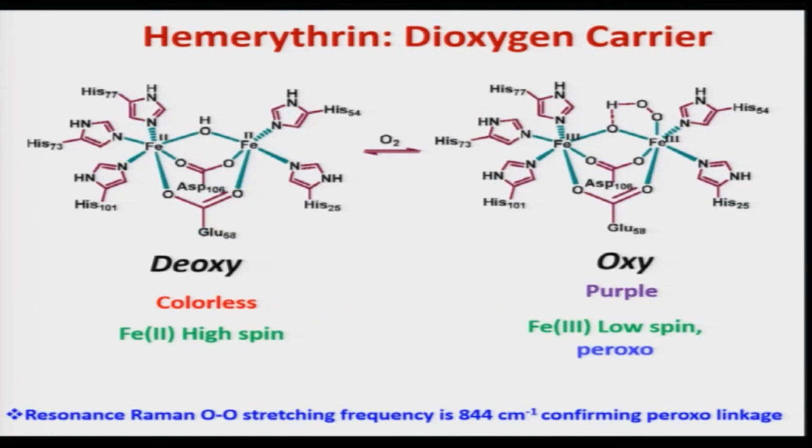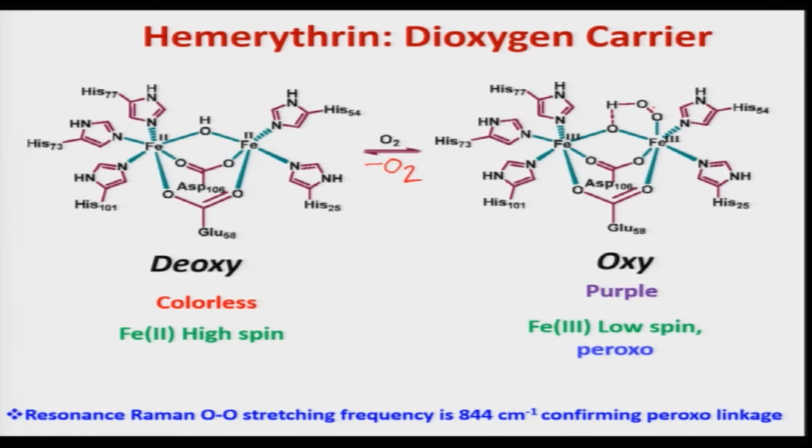This is a schematic presentation where deoxy-hemerythrin is converted to oxy-hemerythrin in the presence of oxygen, and oxy-hemerythrin goes back to deoxy, releasing the dioxygen. So, they reversibly interconvert between each other.